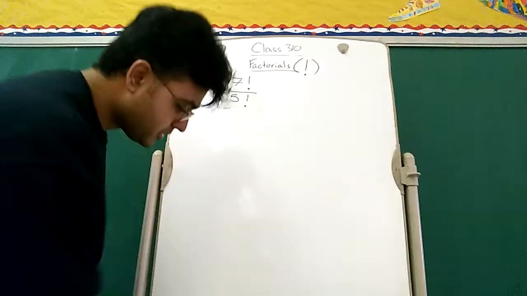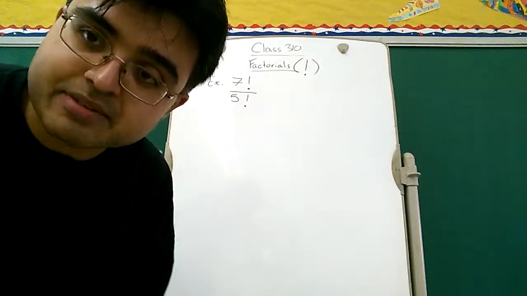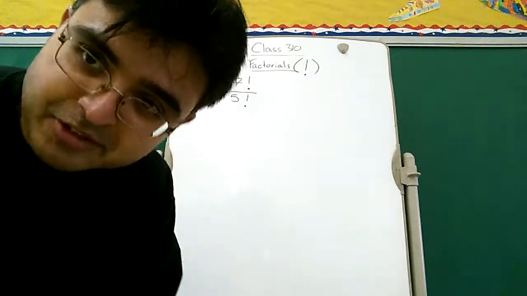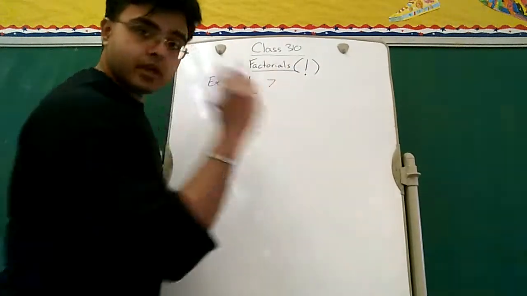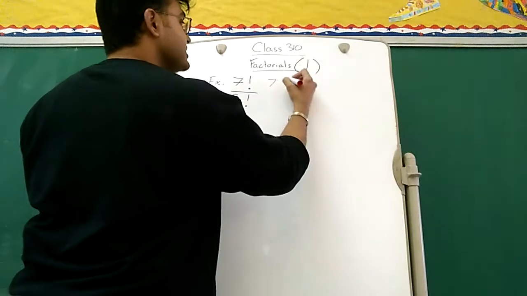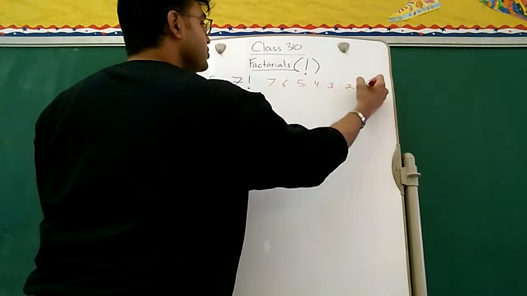How do we do this problem? Well, let's expand the number out. Let's figure out what 7 factorial is and what 5 factorial is. 7 factorial means start from number 7 and go down the number line. 7, 6, 5, 4, 3, 2, 1.